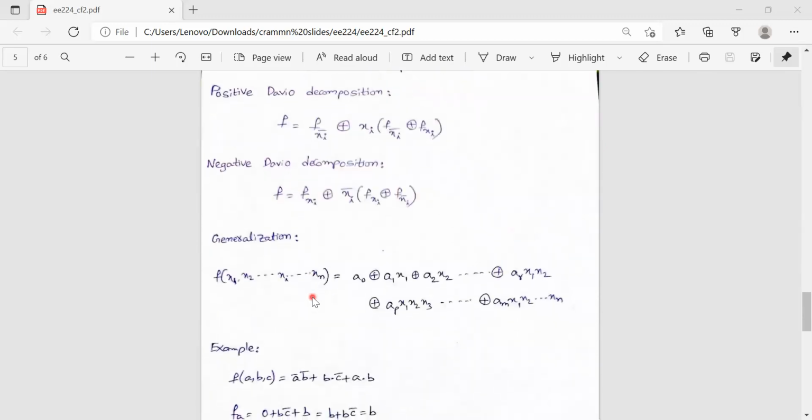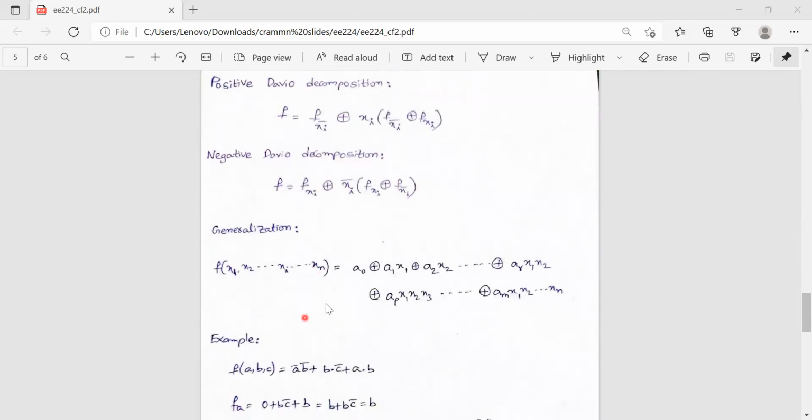Generalization of the Reed-Muller representation: any n-variable function we can simplify to an XOR of these terms, where the ai are constants.